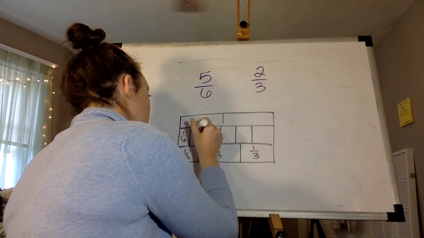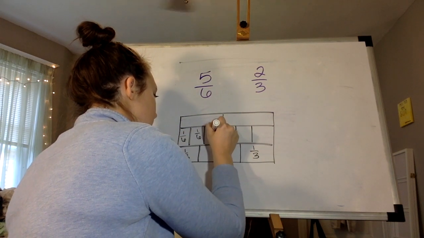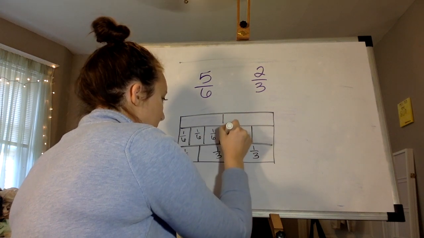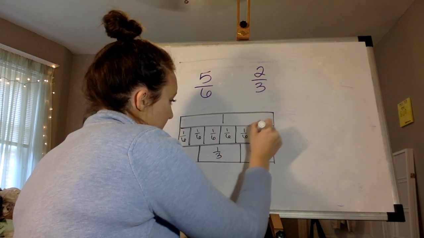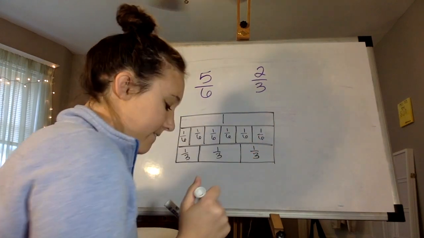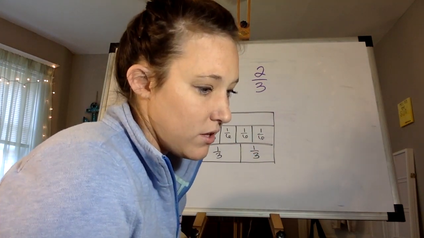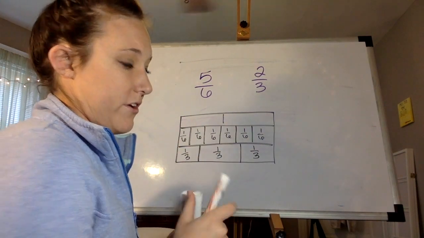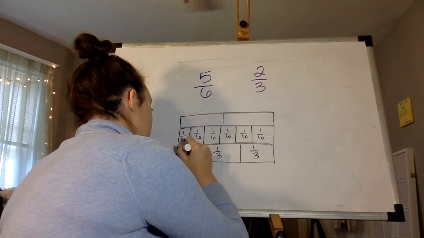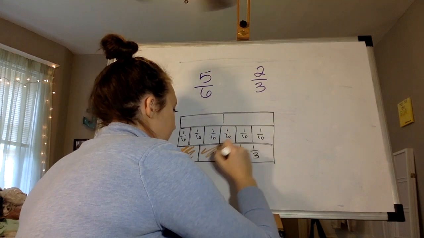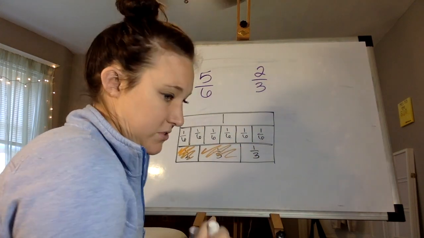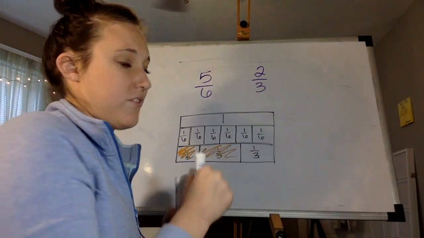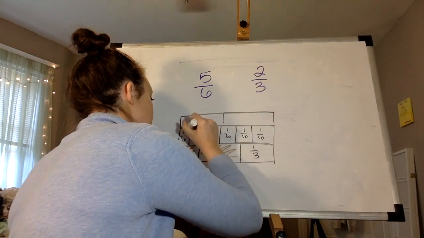So these are all 1/6. Okay. Then they have some shaded for you. So they've got 2/3 shaded. I know my thirds aren't the most even. I apologize. And then we've got 5/6.